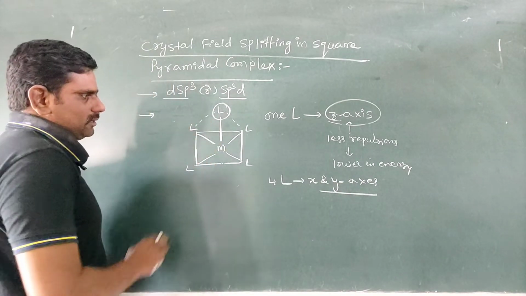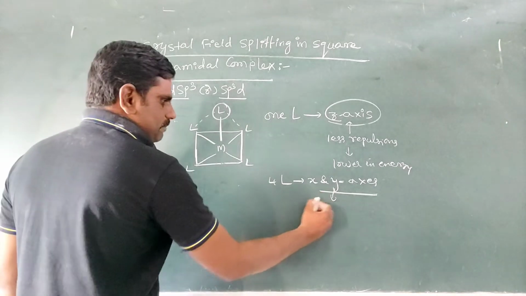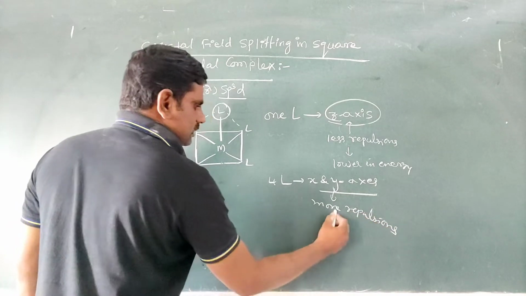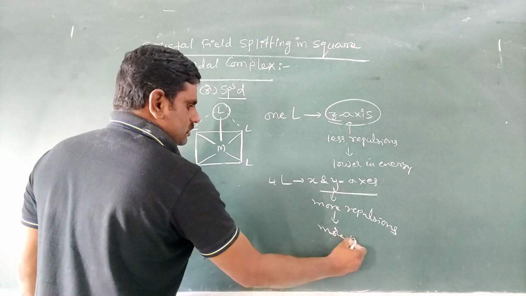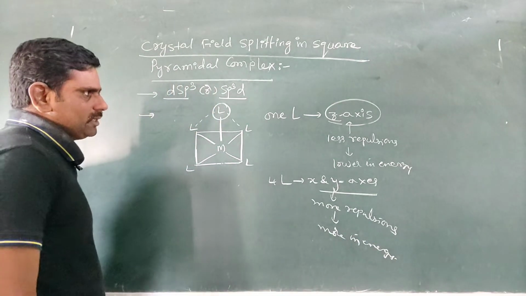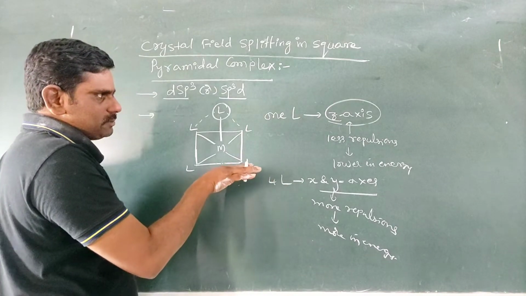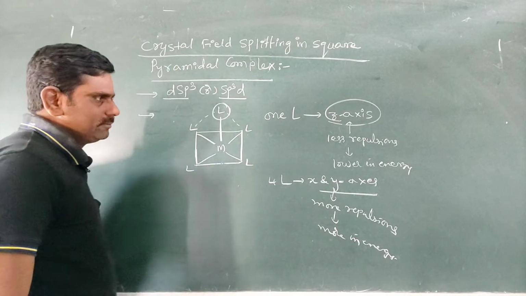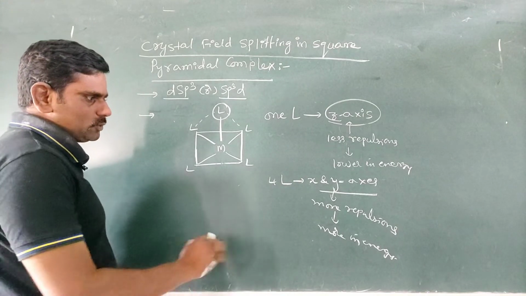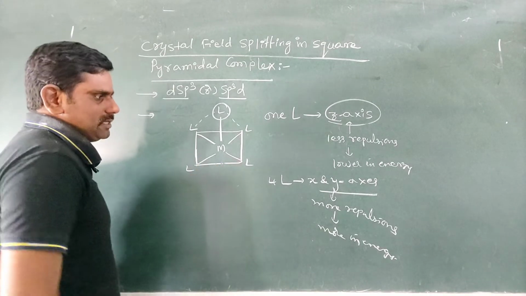These x and y component orbitals are getting more repulsions, so they are more in energy. It indicates that Z component orbitals are lower in energy, that means they are below the barycenter. X and y component orbitals, due to more repulsions, are getting higher in energy, which are above the barycenter.